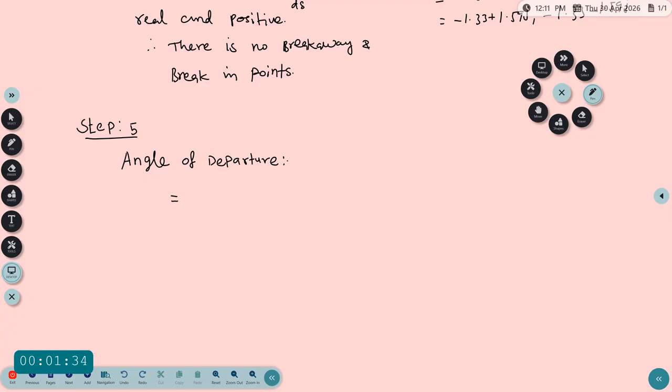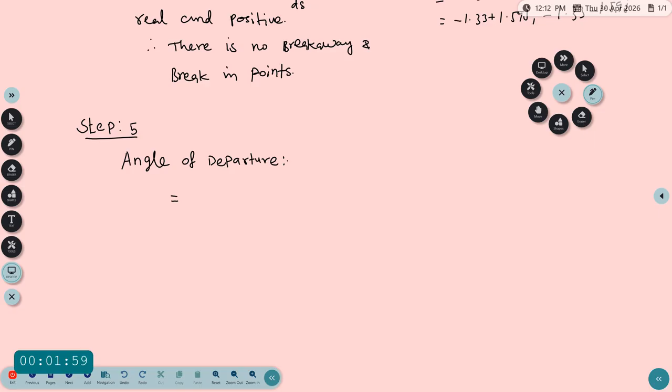Since each and every root locus branch starts from a pole, if you are getting complex conjugate poles, we need to identify the angle of departure. Similarly, each and every root locus branch ends at a zero, so we identify the angle of arrival, or angle of entry, at the zero.